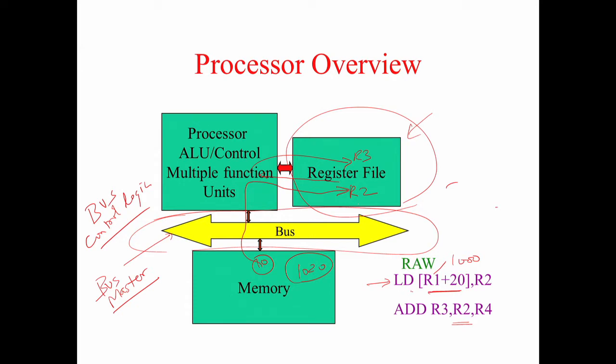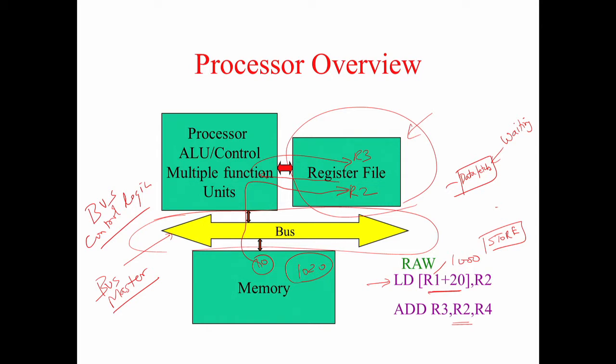When load is in the store result stage, when load is actually storing the result in R2, add will be waiting, where? In the data fetch stage, correct, because it needs the value of R2 to go and do the next step. So, it has to wait.